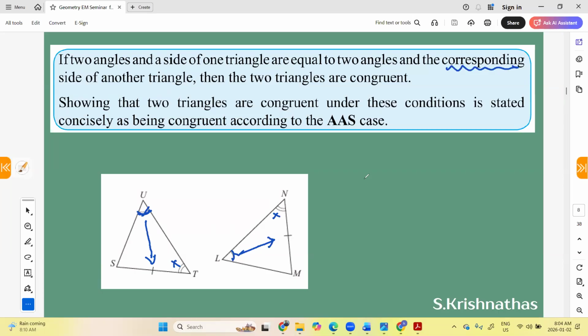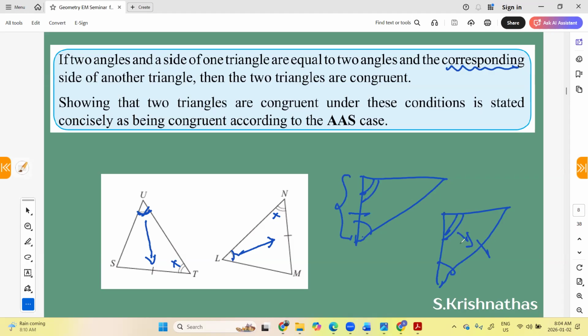In this case, students, these are two triangles. This one equal to this one. This one equal to this one. This side and this side are equal. These are not congruent, students. The reason, not corresponding. Here, this side is located between these two angles.